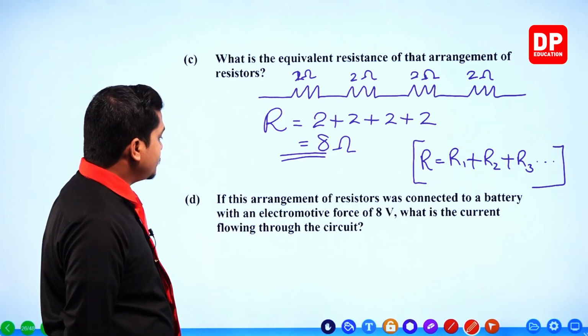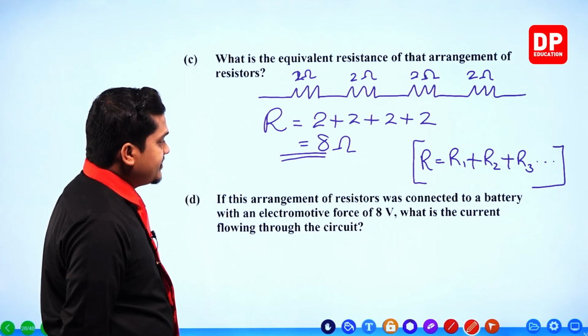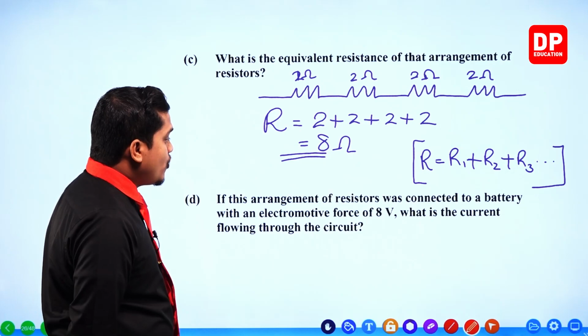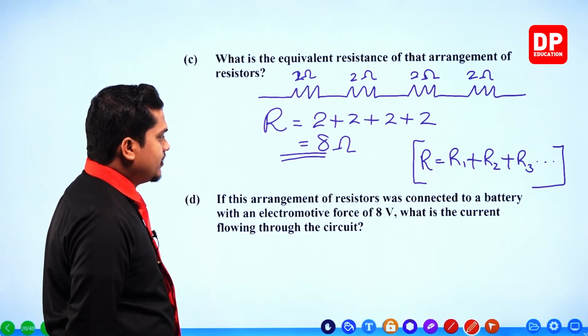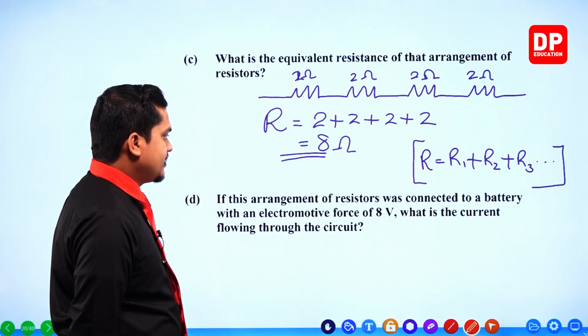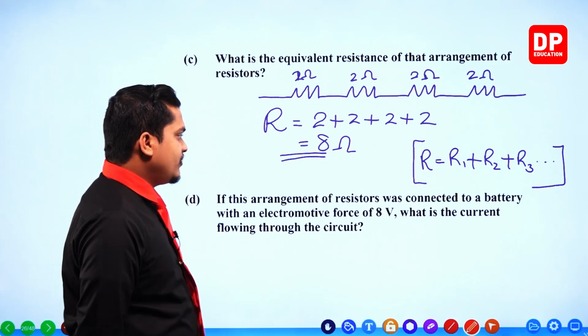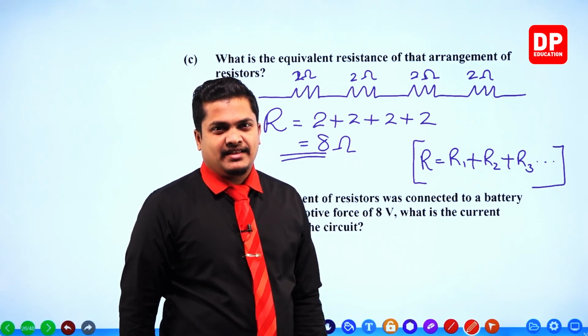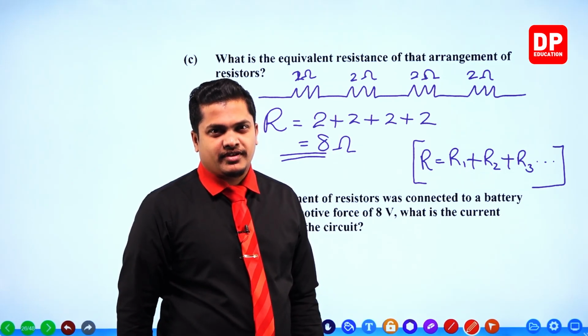Next one. If this arrangement of resistors was connected to a battery with an electromotive force of 8 volts, what is the current flowing through the circuit? Electromotive force, we can just take that as voltage, my dear children.